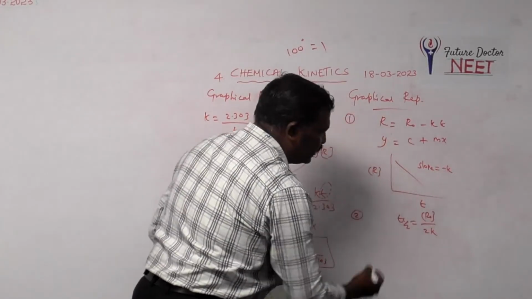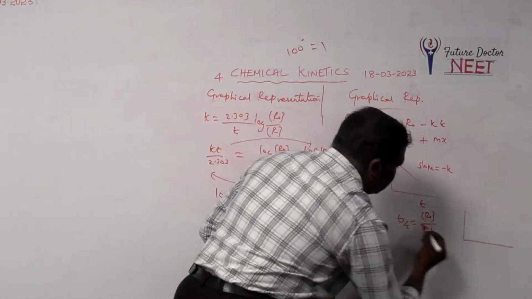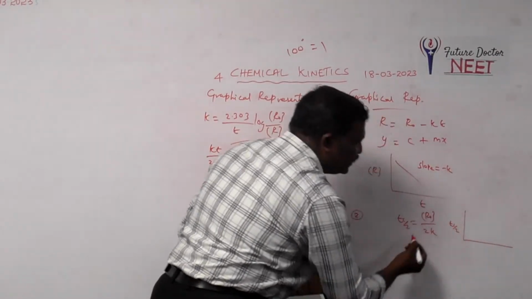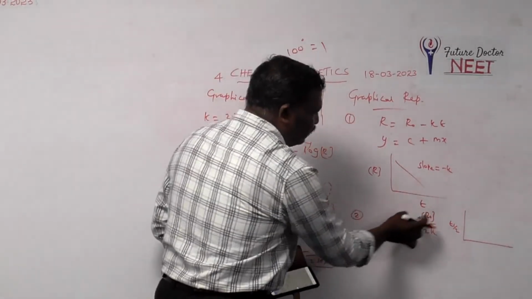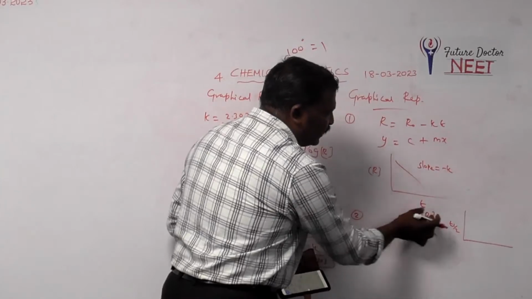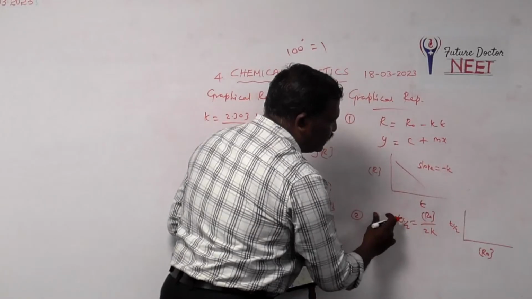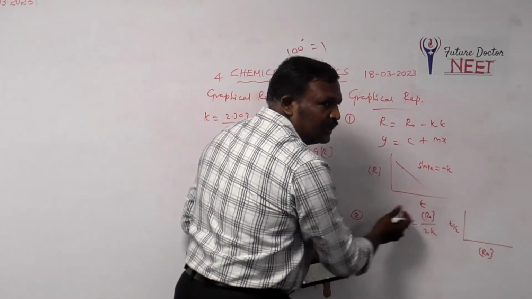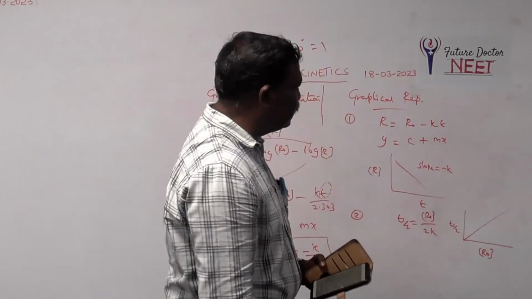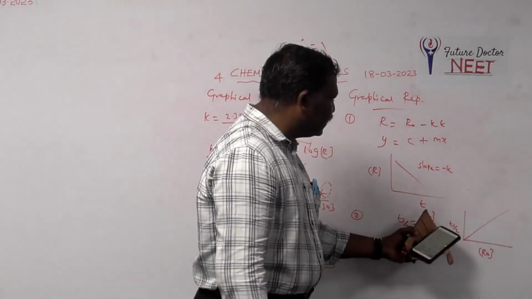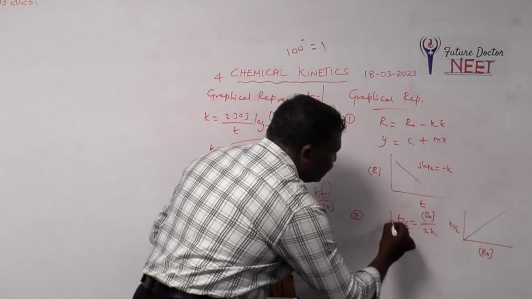I'm going to plot these two. t half I'm taking on the y-axis. t half versus concentration of R. So this increases, this also increases, directly proportional. Then only the graph goes like this. When t half increases, r naught also increases. So put like that.